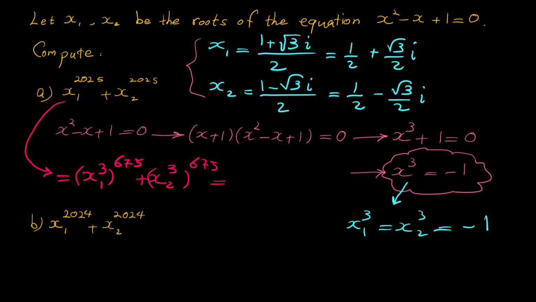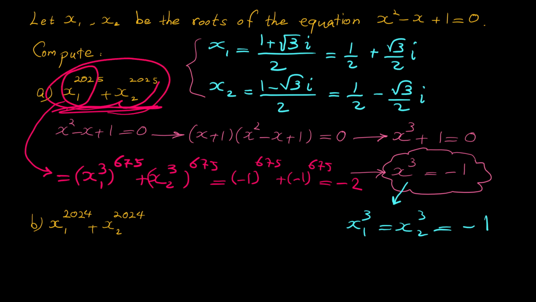But x1 to the 3 and x2 to the 3 are -1. So the bracket is -1. -1 to the power of 675 plus -1 to the 675. -1 to the odd power is -1, plus -1. So the sum is -2. So the sum of these two terms equals -2.